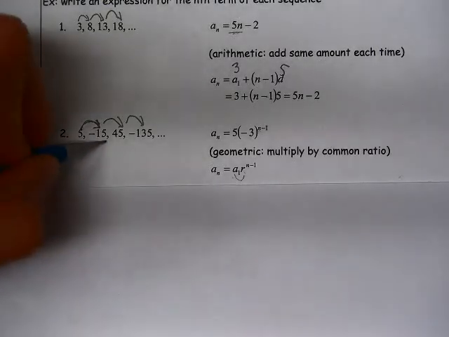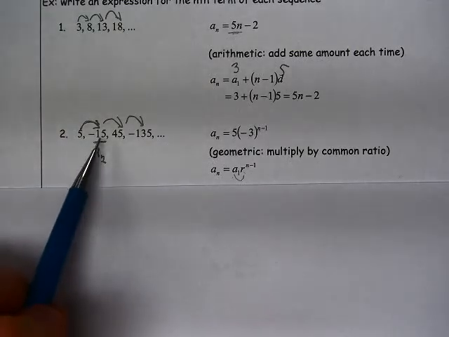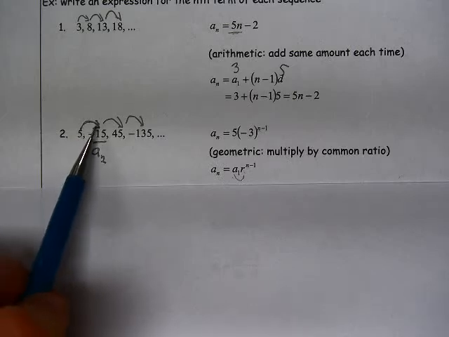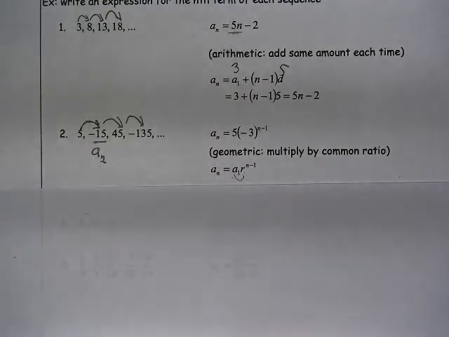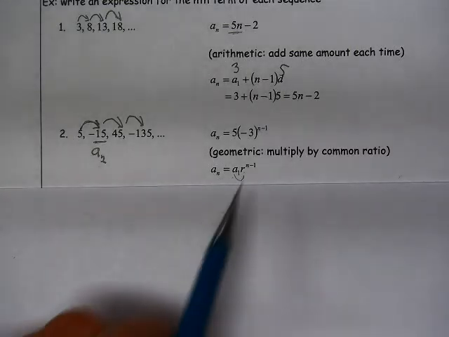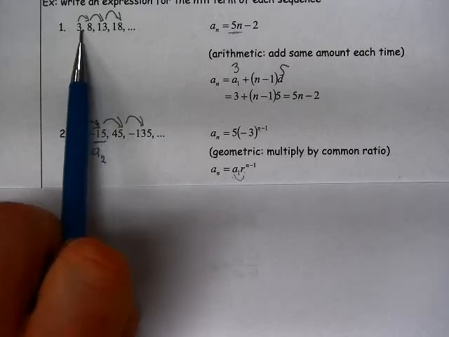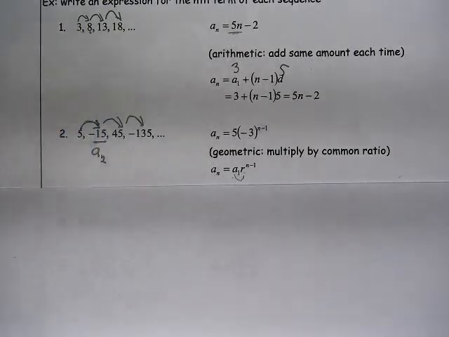But this is the second term, a sub 2. So that's the n. So we really only want to multiply by 1 negative 3. So we have to subtract 1 from the n to give the proper exponent on that negative 3. And we do the same thing up here with the 5. The very first time we add 5, we're only adding one 5 to get the 8, but it's the second term, so 2 minus 1 gives us the 5 that we're adding.